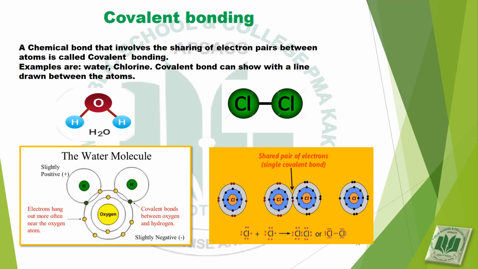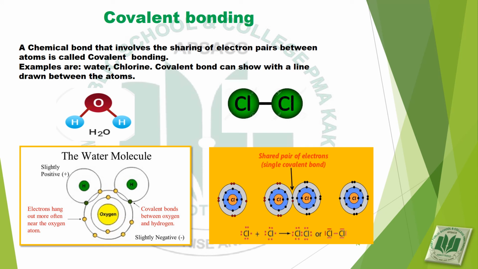A covalent bond can be shown with a single line drawn between the atoms. Look at the molecule of water and chlorine. First of all, in the case of the water molecule, 2 atoms of hydrogen share their single electron with the oxygen atom.